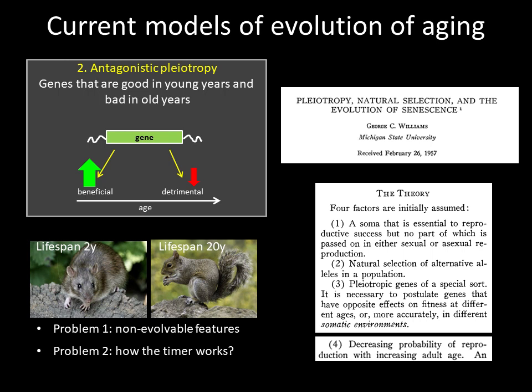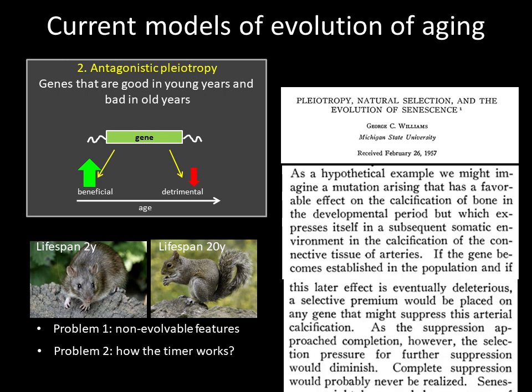So next, what examples of pleiotropic genes does Williams produce? A hypothetical example: we might imagine a mutation arising that has a favorable effect in the calcification of the bone in the developmental period, but which expresses itself in subsequent somatic environments, at older ages, in the calcification of arteries.